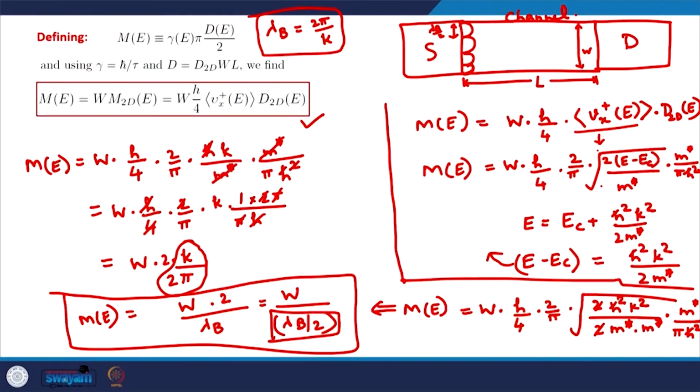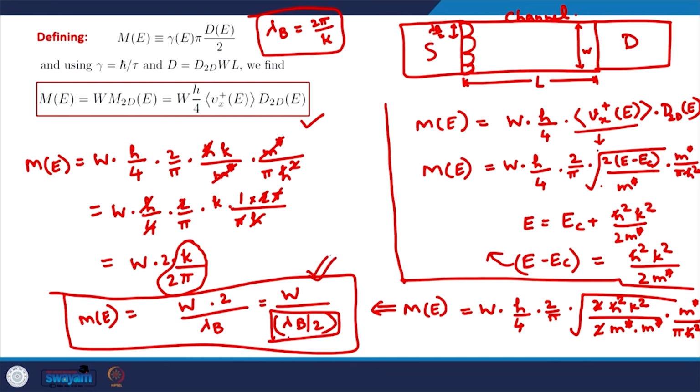So it is not a point particle, it is like a wave. And in a more classical sense, if we treat the electron classically, it becomes a particle that needs lambda b by 2 space while traveling through the channel. And that's why the number of conduction pathways in the channel is width divided by lambda b by 2 in the case of a 2D channel.